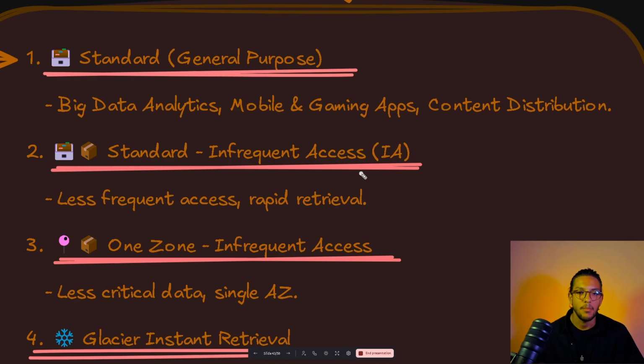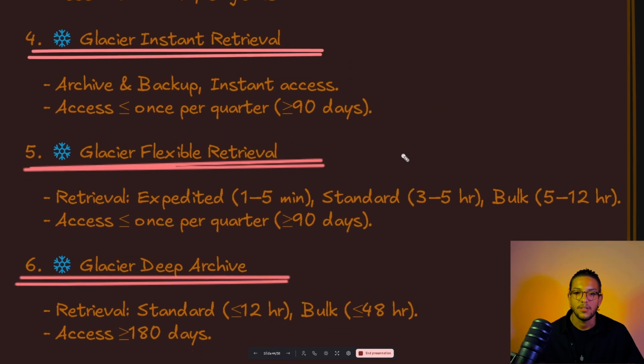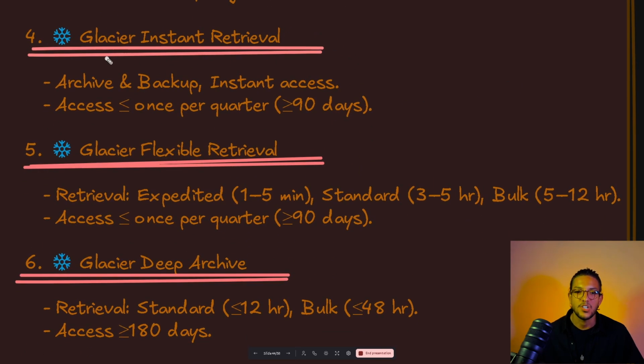The Glacier family is where the serious cost savings happen, up to 90% cheaper than Standard. What's critical to understand is the retrieval model. With Glacier Instant Retrieval, you are paying more than the other Glacier tiers, but getting millisecond access. With Flexible and Deep Archive, you are committing to longer retrieval times, but paying significantly less.